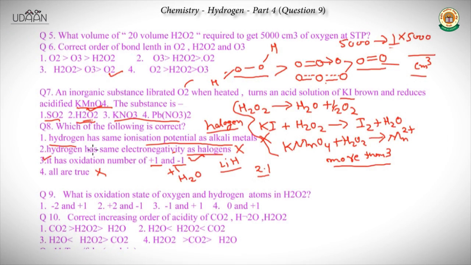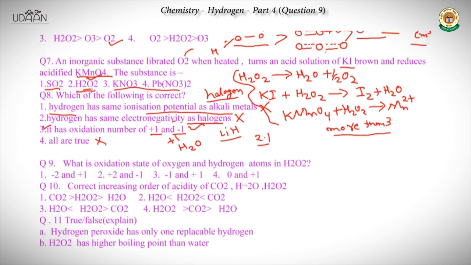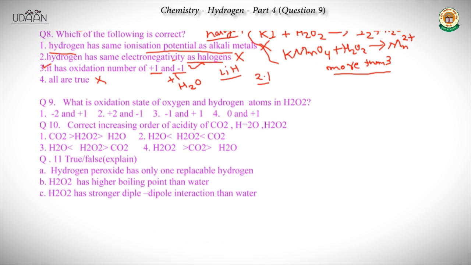So now we move on to the 9th question, which is: what is the oxidation state of oxygen and hydrogen atoms in H2O2? Okay. To understand the oxidation state of hydrogen and oxygen in H2O2, let's see the structure.